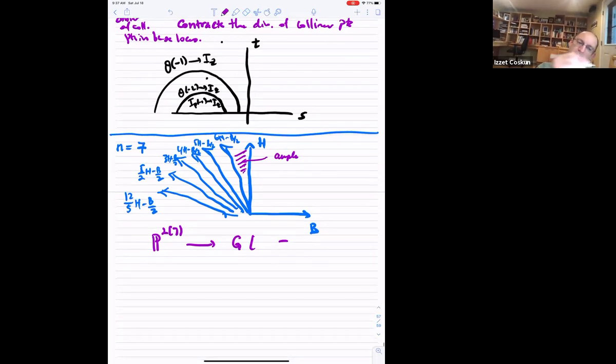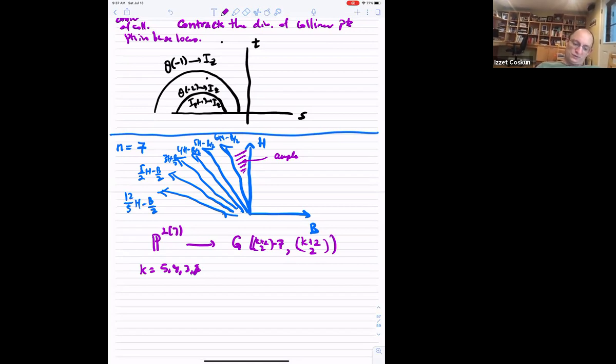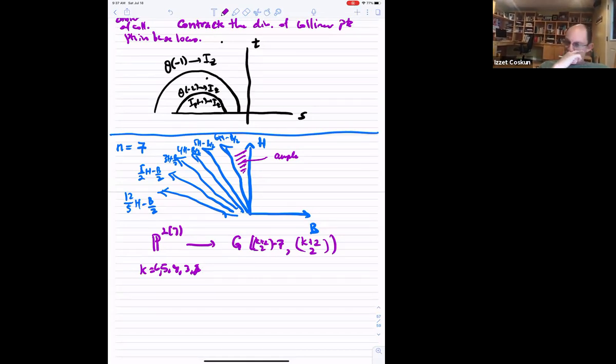We have the vector space of polynomials of degree k here, of dimension (k+2 choose 2). And here you have (k+2 choose 2) minus 7-dimensional subspaces. And then you can do this for k equals 5, 4, 3, 2. I mean, 6 gives you this one, so you can do 6, 5, 4, 3. And then I have the pullback of O(1), and these correspond to these various rays.